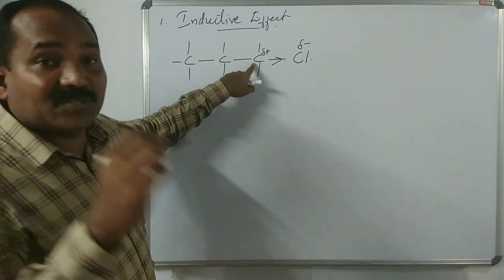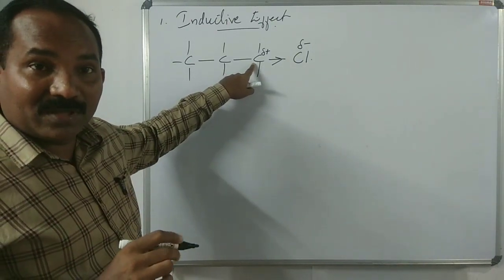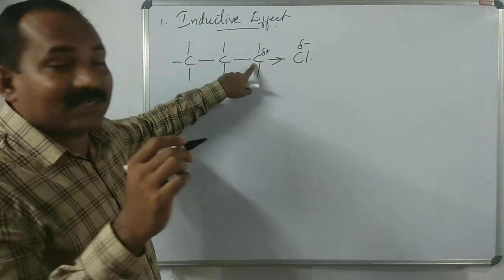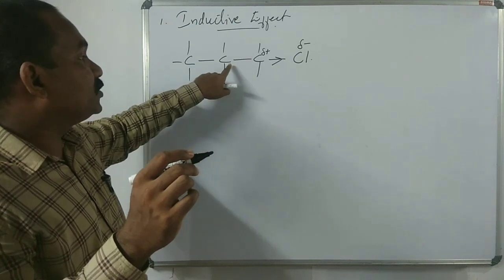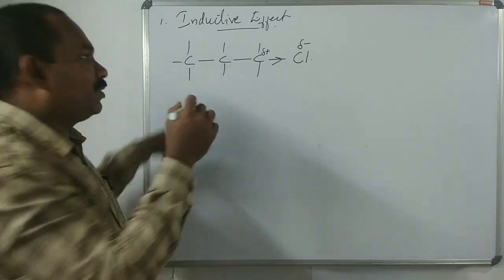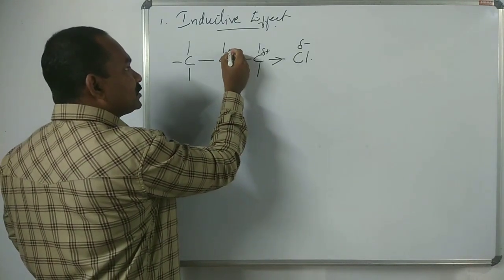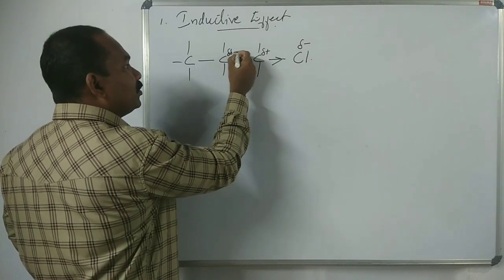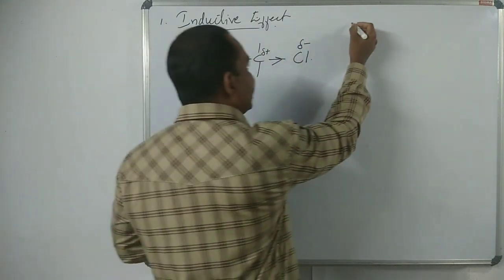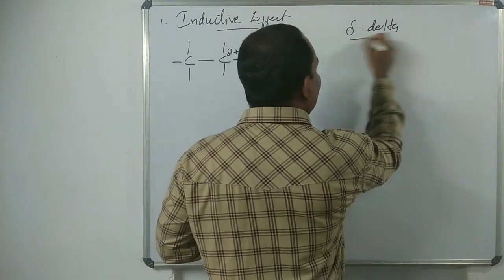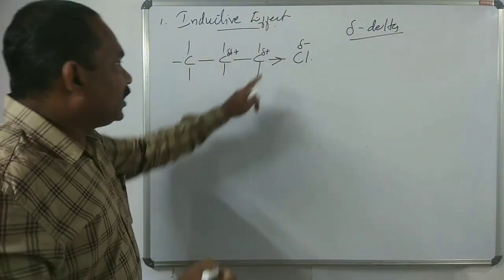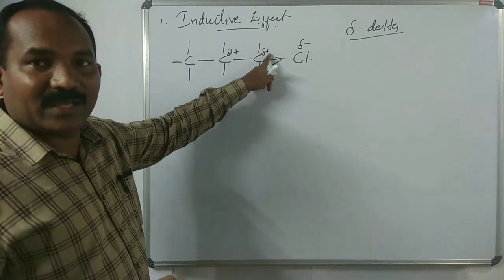If this carbon is partially positive, the positive charge effect is spread into the next carbon atom. So it has a smaller positive charge. As we know that the symbol is delta. So here a delta positive is created.